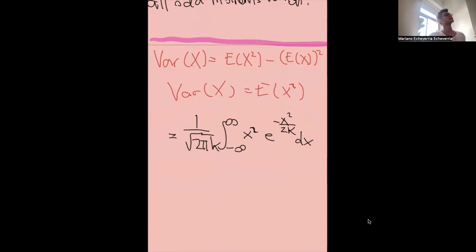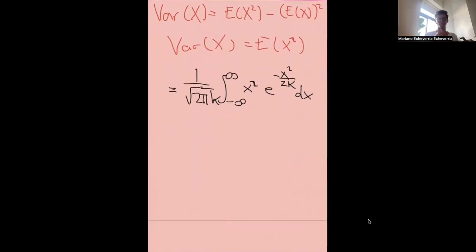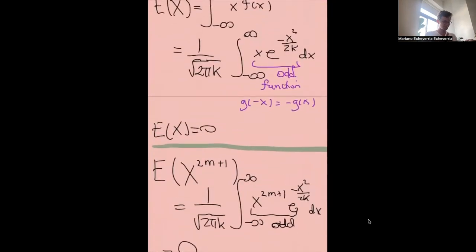Now the thing is, as I was saying, if you look at the standard probability textbooks, what they will always do is integration by parts. You can do it more elegantly using the Feynman trick. So let's try to do it with the Feynman trick. The Feynman trick is actually very nice.